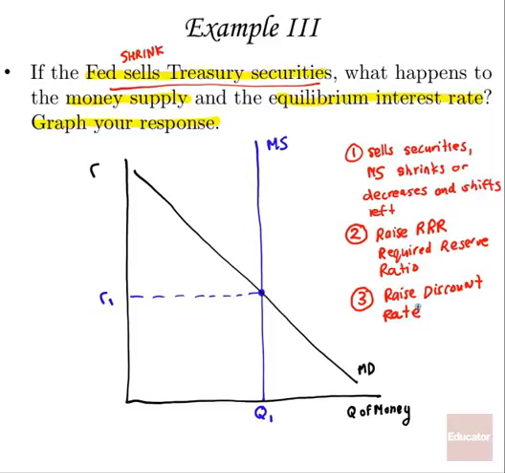Now they can actually raise the target federal funds rate here. So I'm going to put a fourth category here, but really you can look at this as 1B, an addendum. When the Fed raises the target federal funds rate, they're actually instructing the Federal Reserve Bank of New York to sell more securities.